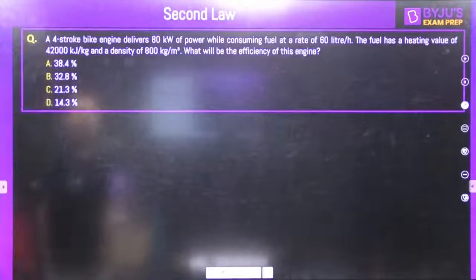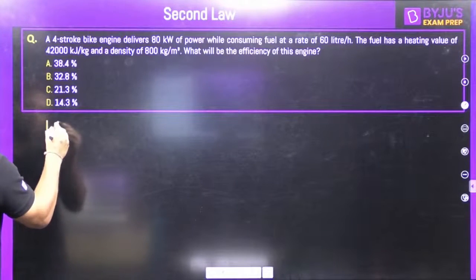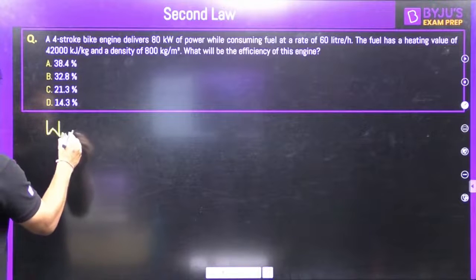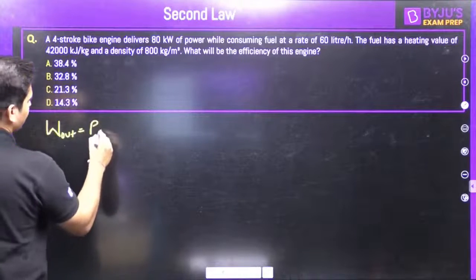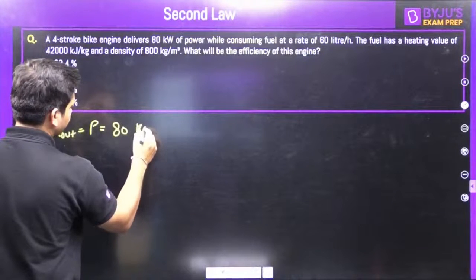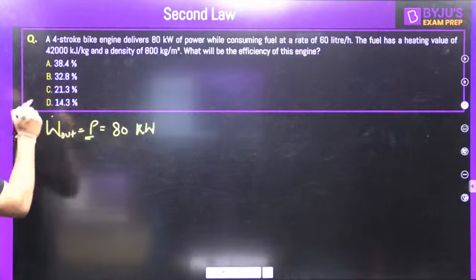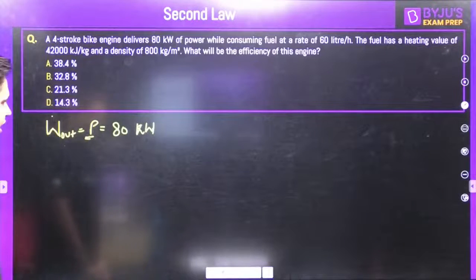So we have a 4-stroke bike engine that delivers 80 kilowatt of power. So work output or power is 80 kilowatt. When you talk about power, you put a dot here. It is kilojoule per second.